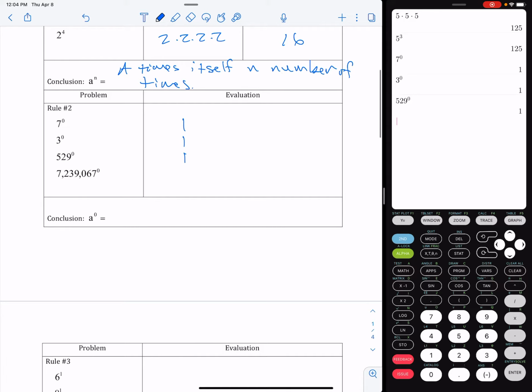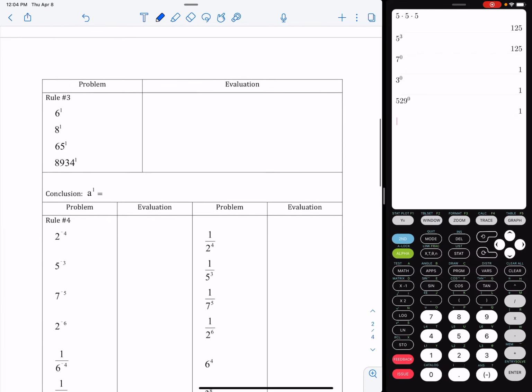And then I bet if you do the last one, you get 1 also. So what kind of a conclusion could we come up with for anything to the 0th power? Anything to the 0th, and yes, that is a word, power is always 1. So anything to the 0th is 1.